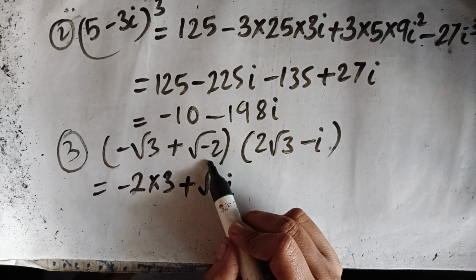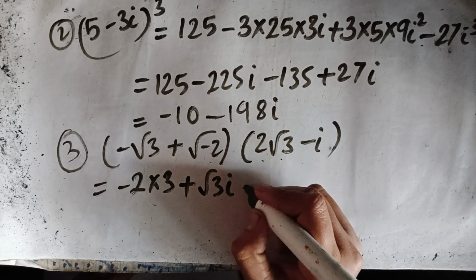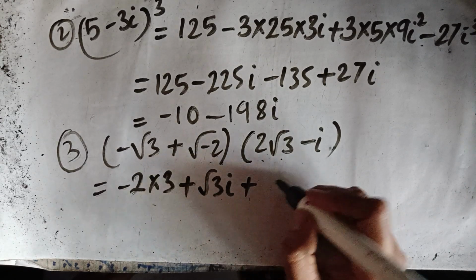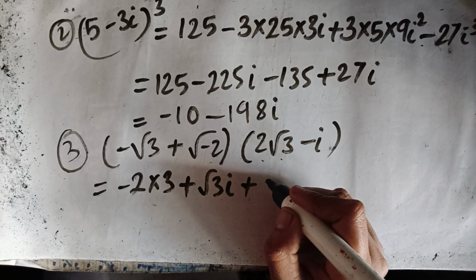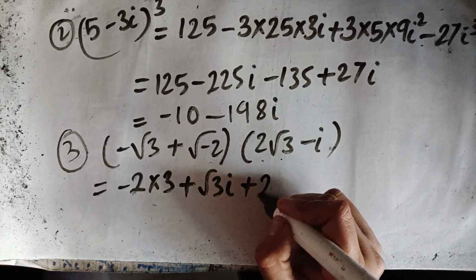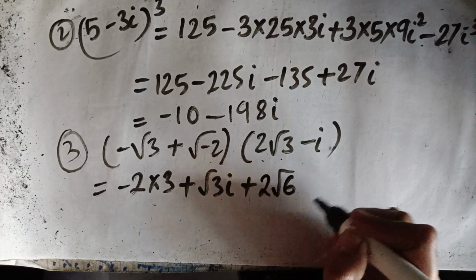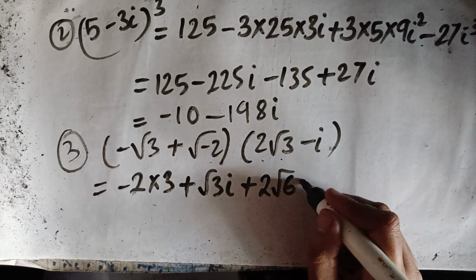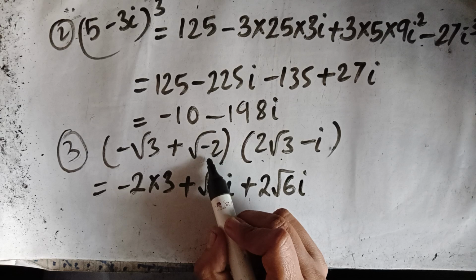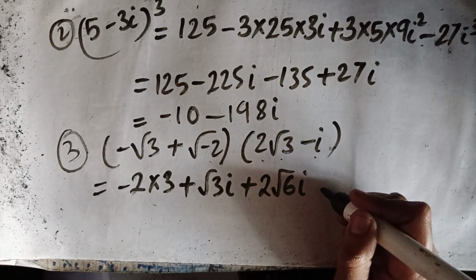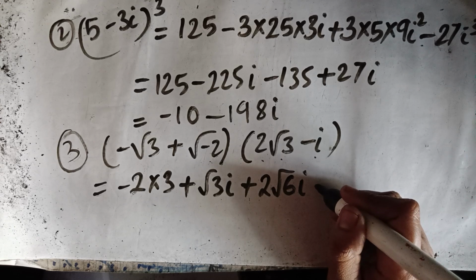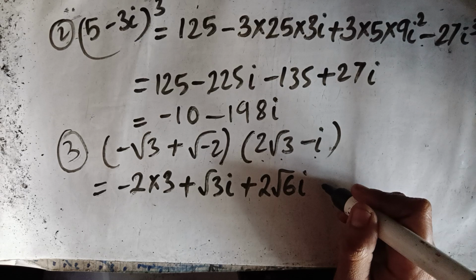Root of minus 2 into 2 root 3, this is minus 6 and root of minus 1 is i. Okay. Then minus root 2 into minus i, minus root 2 is root 2i.